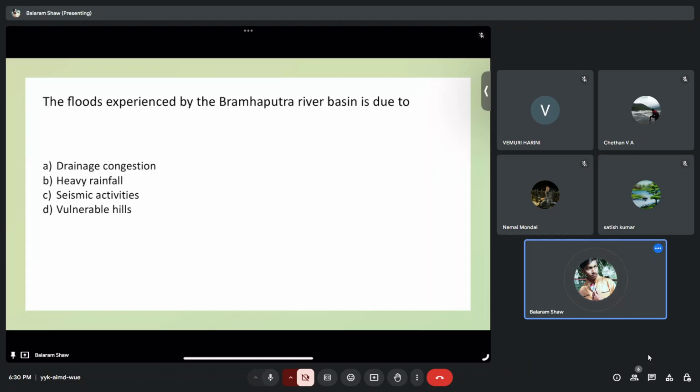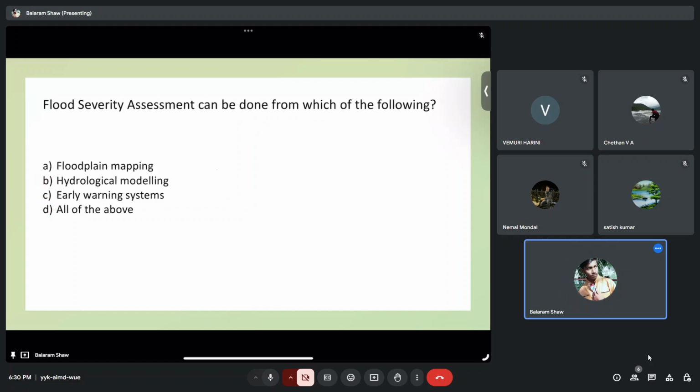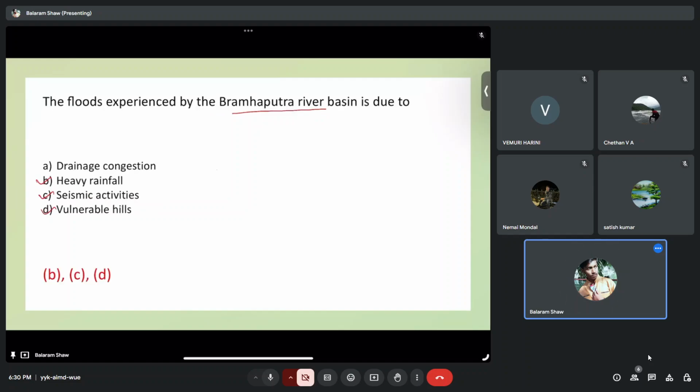It flows through several states, and obviously it flows from one country to another country also, and hence because of heavy rainfall, seismic activities and vulnerable hills, the Brahmaputra river basin mostly gets the floods. Hence, the correct answer will be all these three. Okay. Got it, right? Okay.